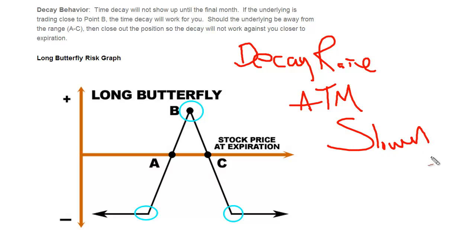So theta is higher, but your decay rate is actually slower right here.